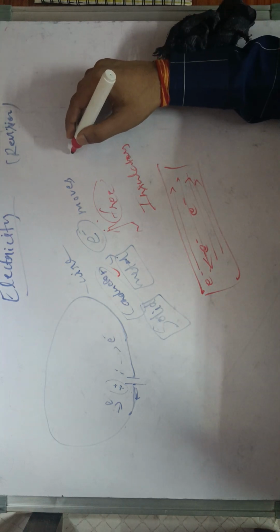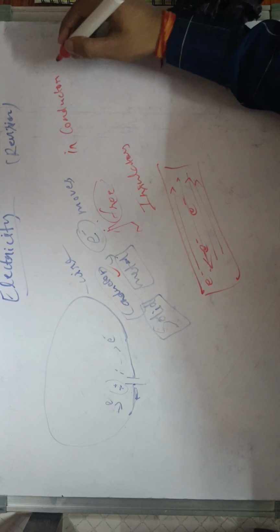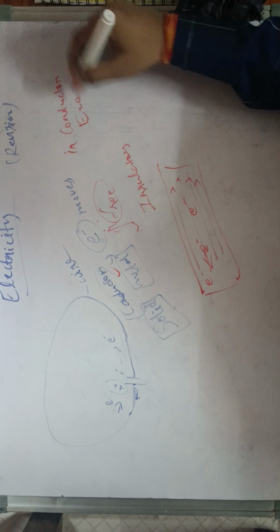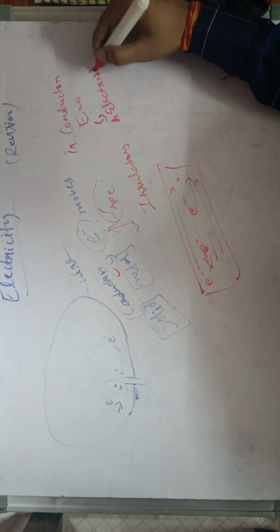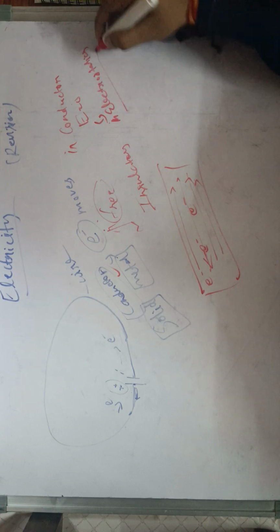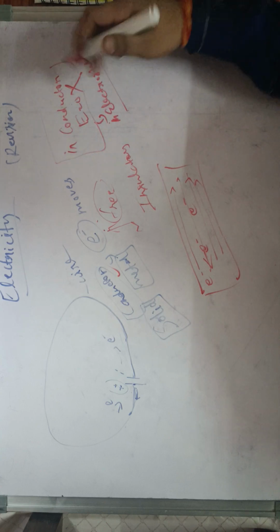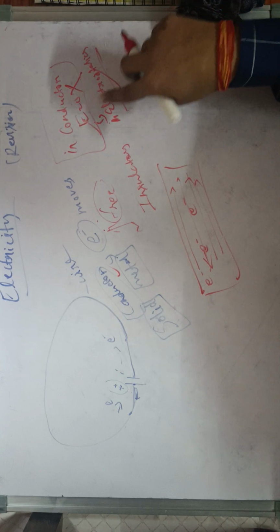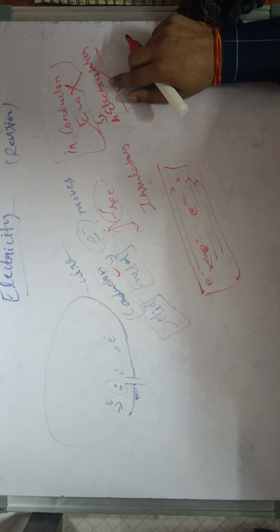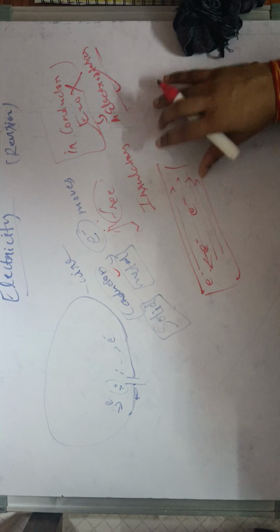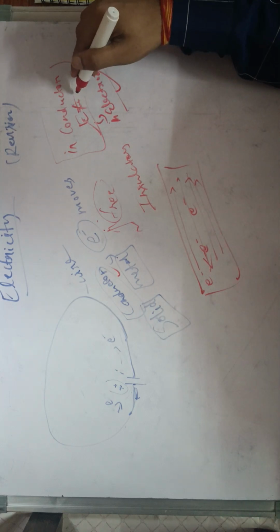Now we have heard that in a conductor the field E becomes zero, but that happens only in the electrostatic case. This electric field will become zero inside the conductor only when the electrostatic condition is reached. But if current is continuously flowing in the conductor, then there must be some non-zero electric field.